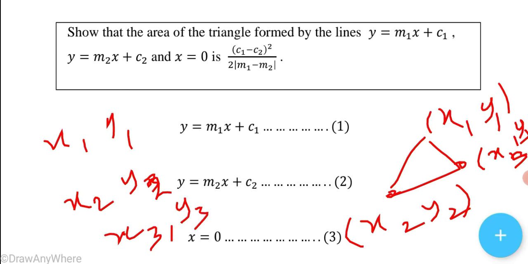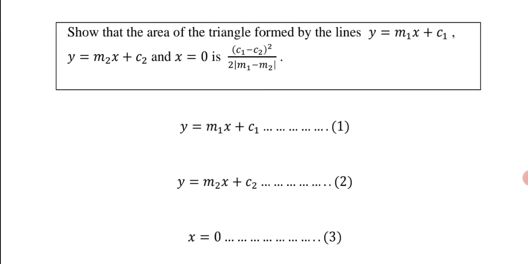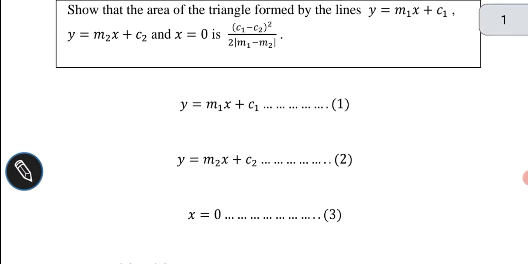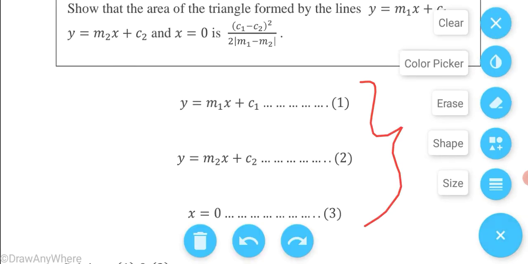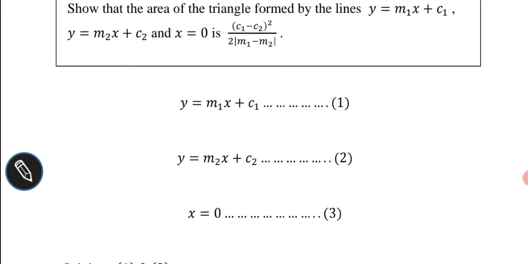Okay, so from the given information we are going to find the coordinates of the triangle, which is formed by the 3 given lines. To find the vertices of the triangle we have to solve the given equations.